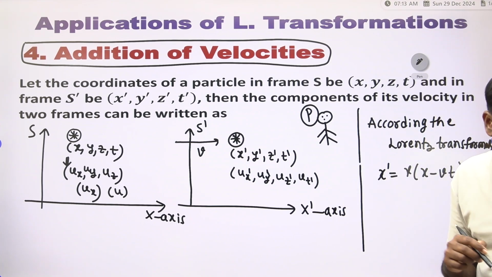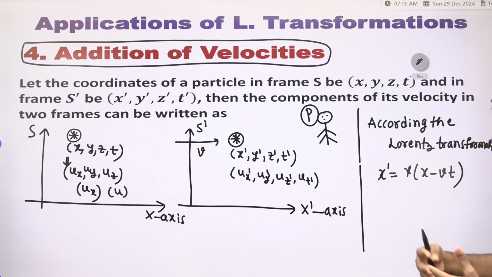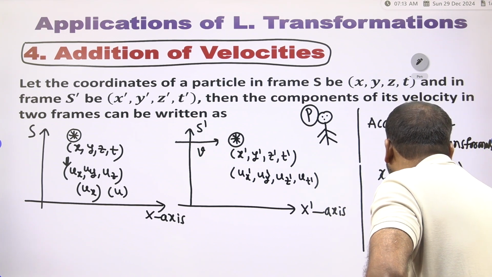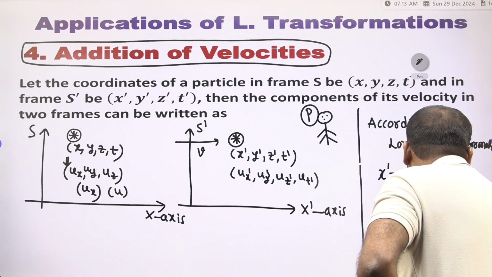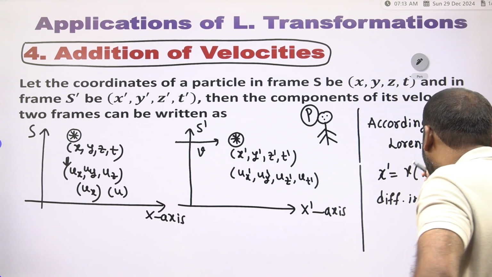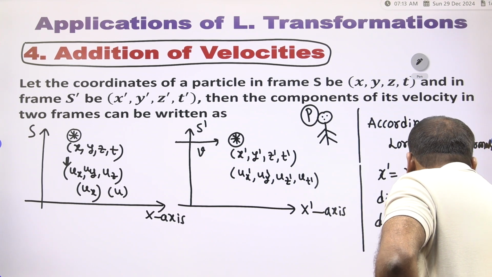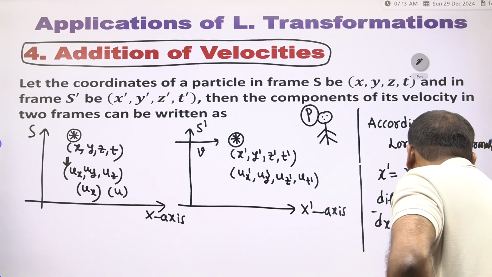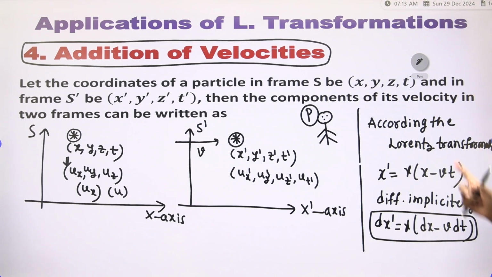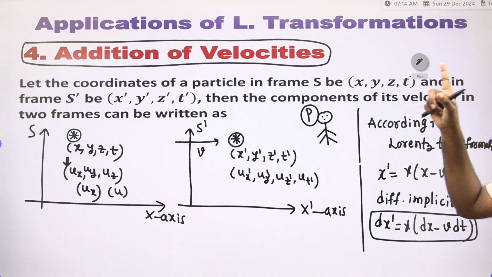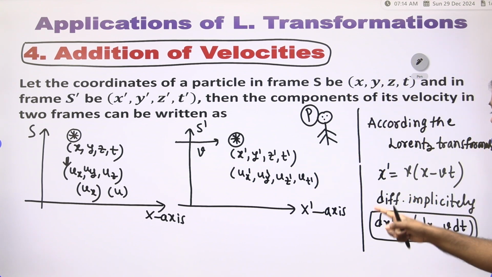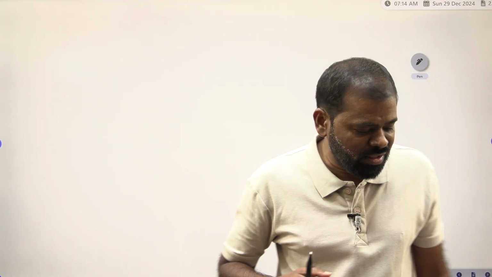Now you have to differentiate implicitly. Since v is the constant speed of the S dash frame with respect to S, differentiating the expression gives dx dash is equal to gamma into dx minus v into dt.